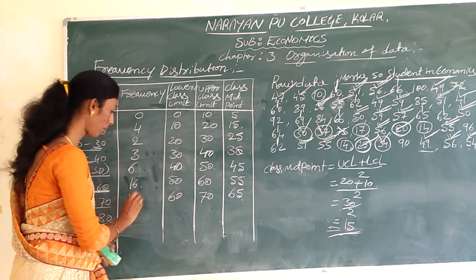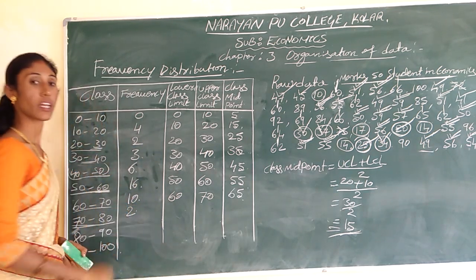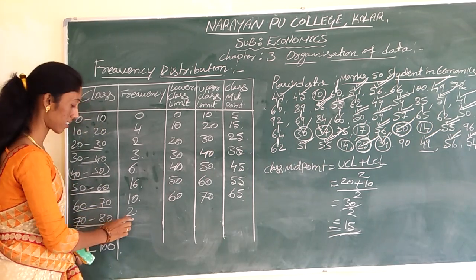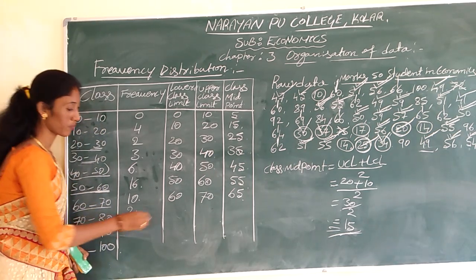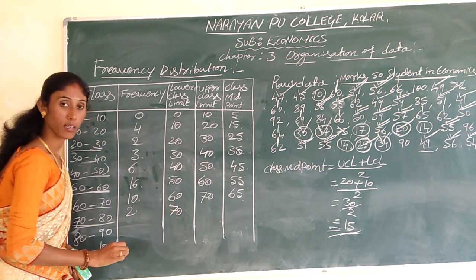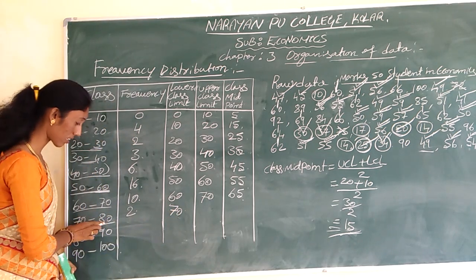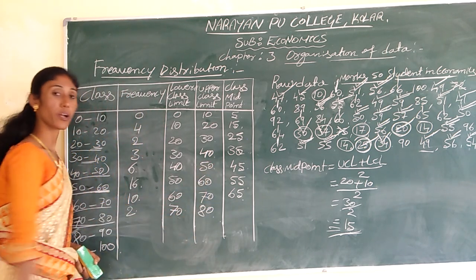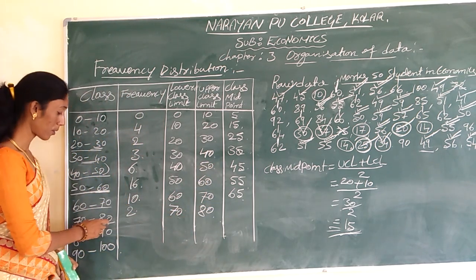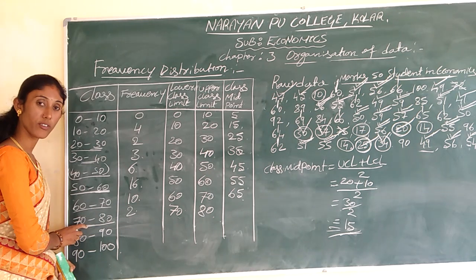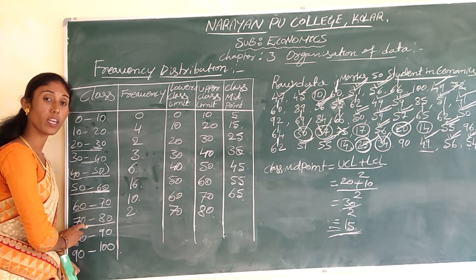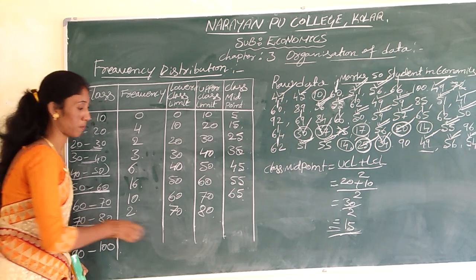Then the frequency will be 2, the lower class limit is 70, and upper class limit, means highest value of this class, is 80, and class midpoint is 75, because 80 plus 70 we will have 150, and divided by 2 will be 75.